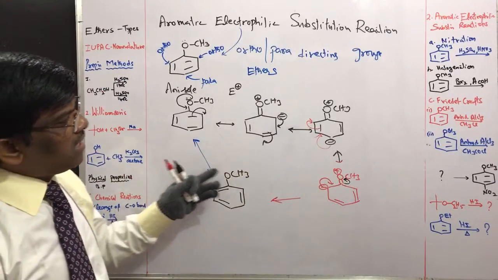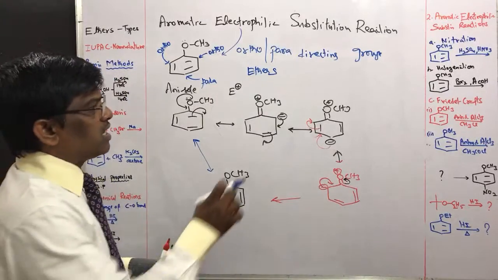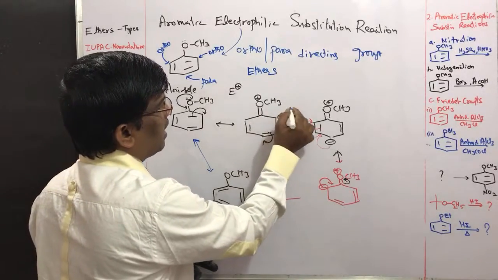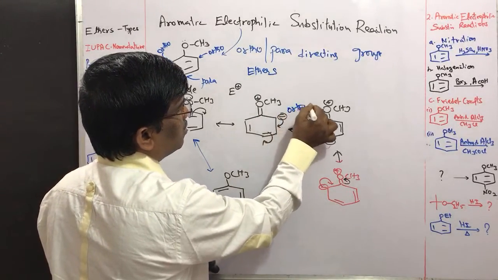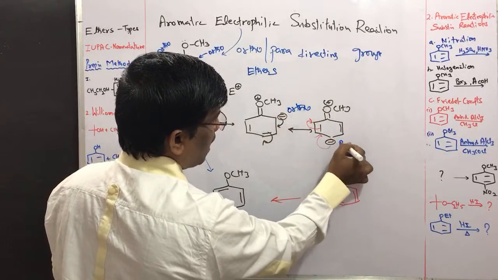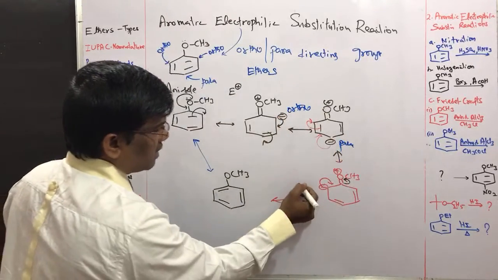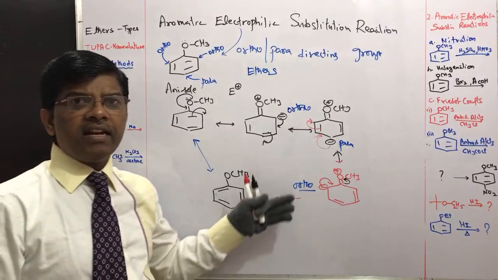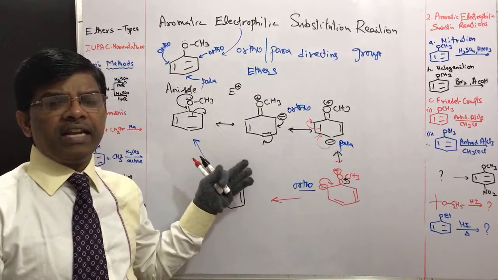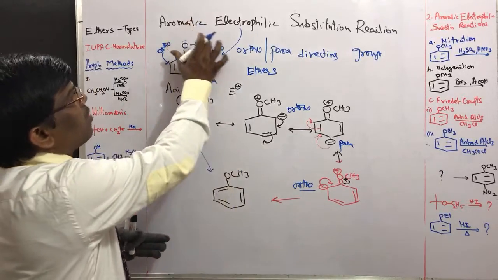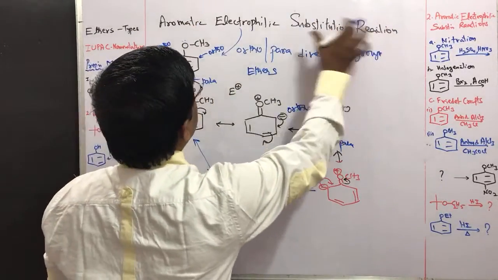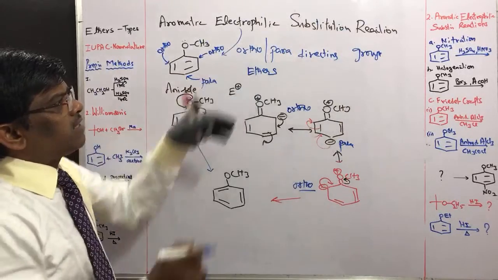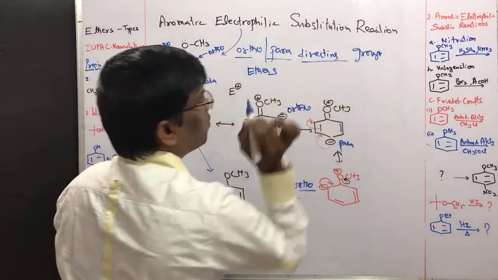Because of these resonance structures, what are the positions it is having? Carbanion at ortho, and this is para, and this is ortho. So it is getting carbanion at ortho and para positions during its resonance structures. So aromatic electrophilic substitution in ethers takes place at ortho and para positions.